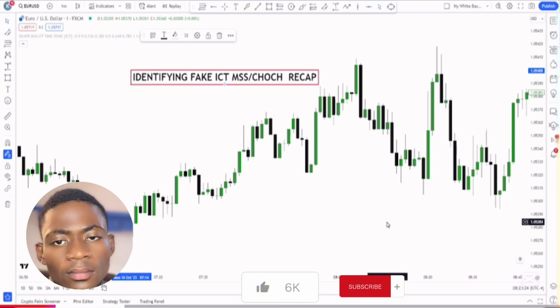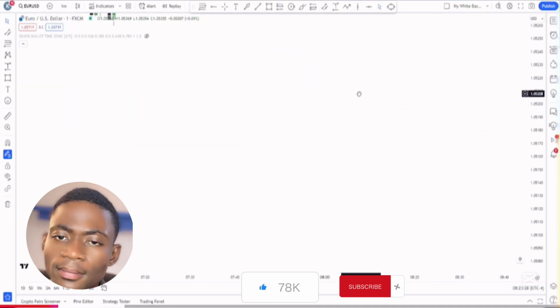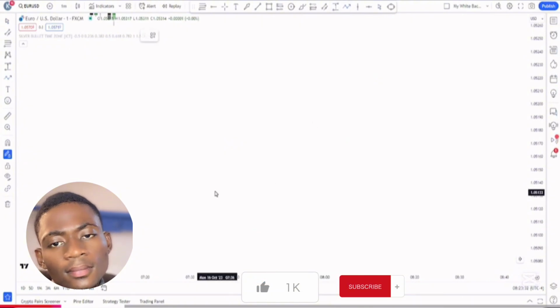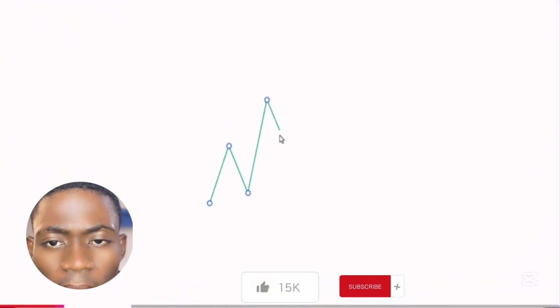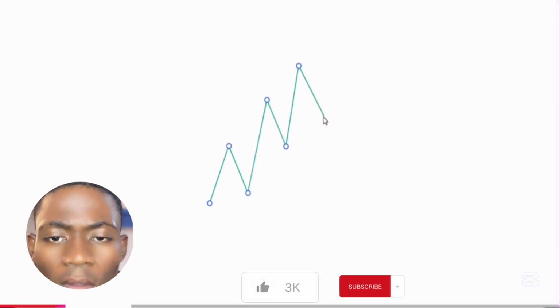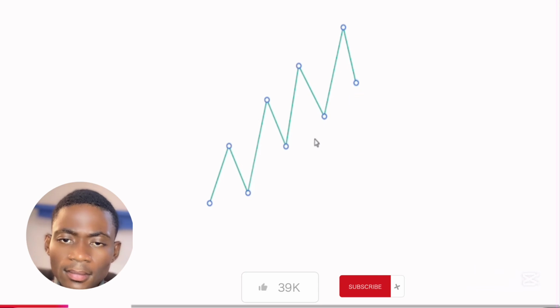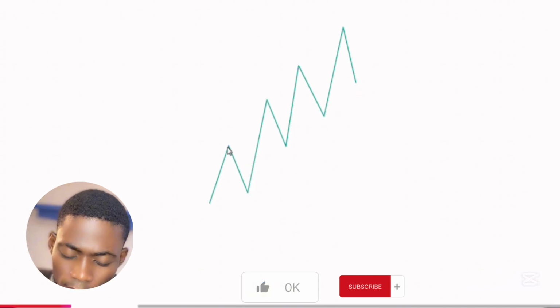ICT said that in order to establish a point has started retracing, normally when you have price moving like this, an example of an uptrend, you see price moving up, moving up. At every point that price pushes, you will want to see a break of structure.